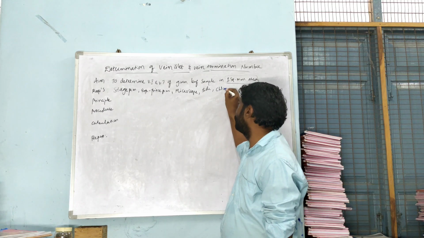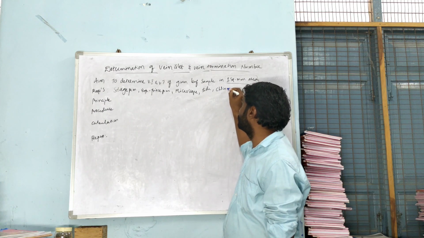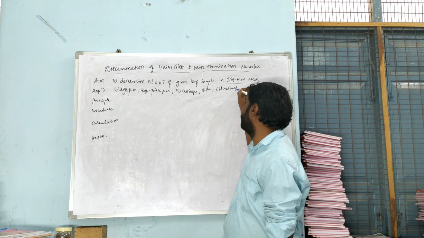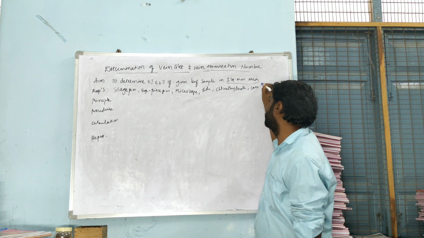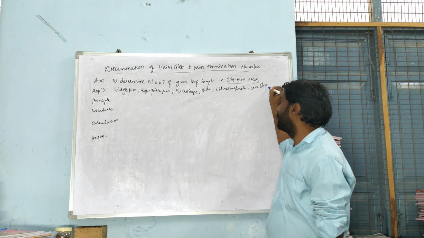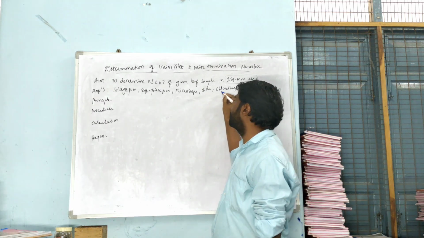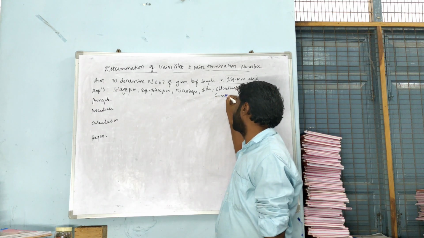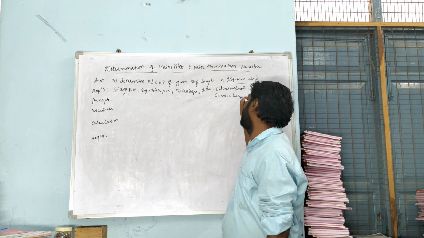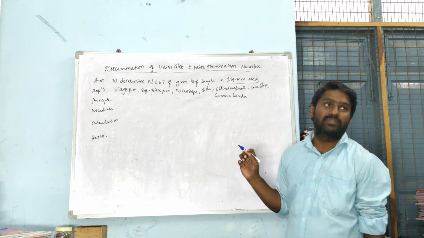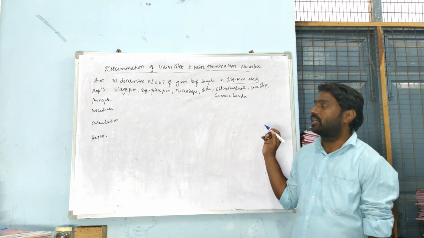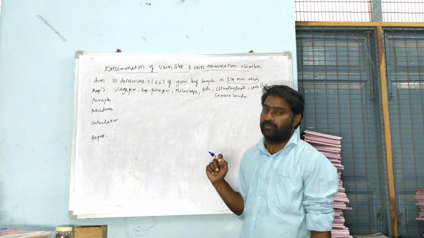Then for clearing the chlorophyll, we use chloral hydrate solution, we use a cover slip, and for tracing of such images again a special type of apparatus called camera lucida that we use. So these are the minimum requirements that we need for determination of vein islets and vein terminations.